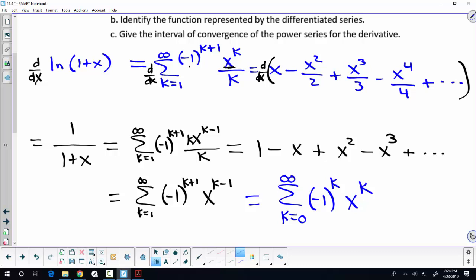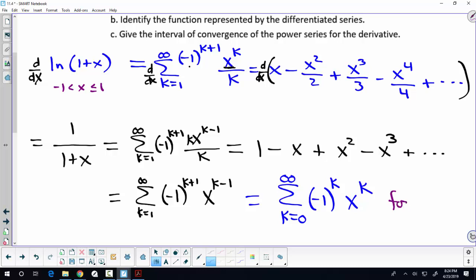Okay, so differentiating gives us new series as well. The interval of convergence for the ln of 1 plus x was from negative 1 to 1, including 1. But the deal with differentiating is that now we have to reevaluate our endpoints to see if they actually make this series converge.